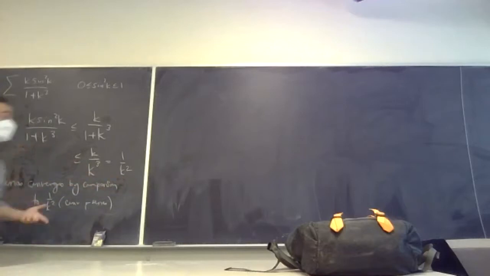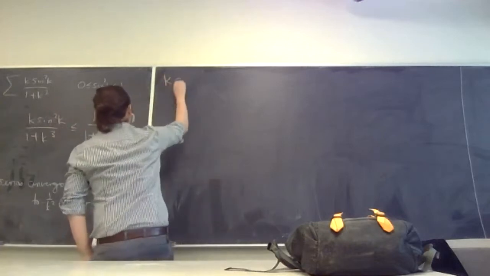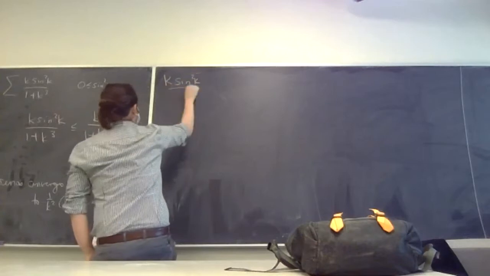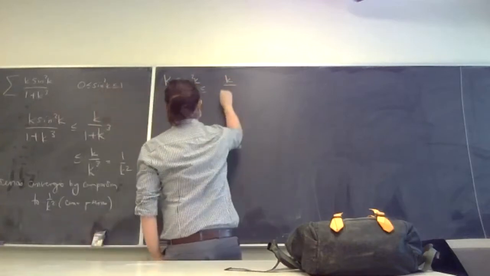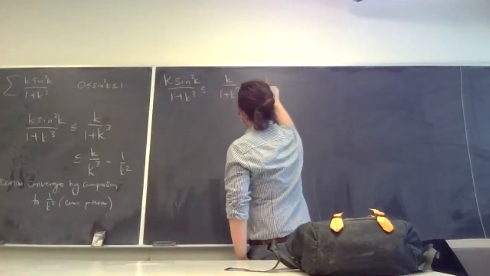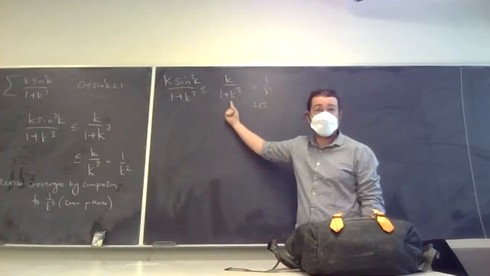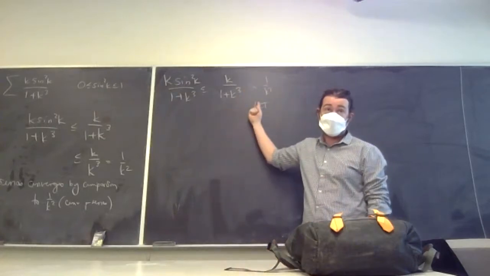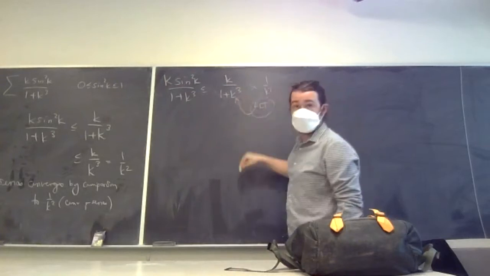Okay. The other approach you could have taken that I saw people do is to say this thing is less than or equal to this, and then say this is about equal to 1 over k squared by the limit comparison test. So you could use the limit comparison test to show this series forces that one to converge.